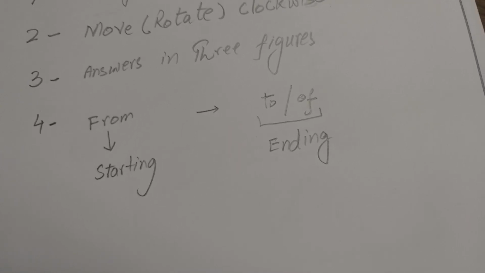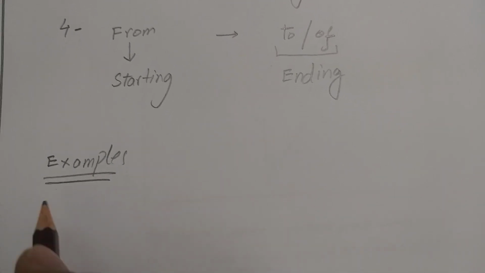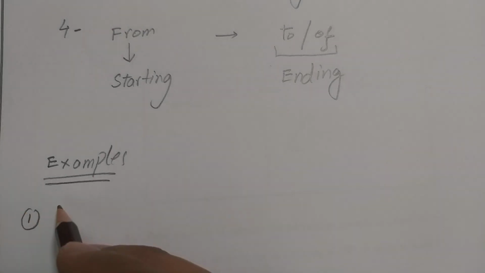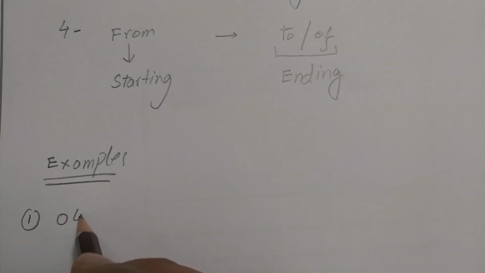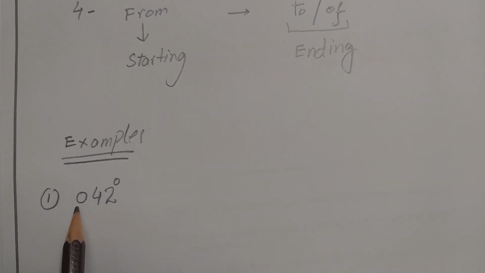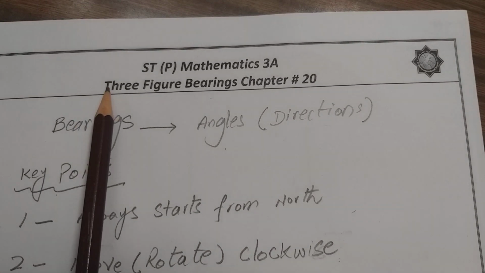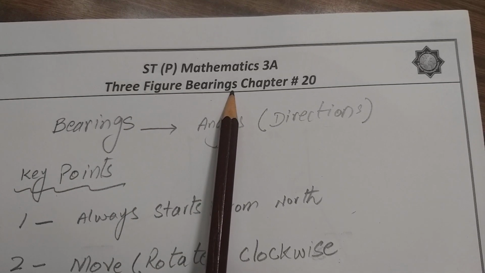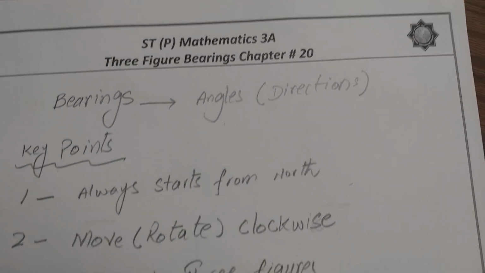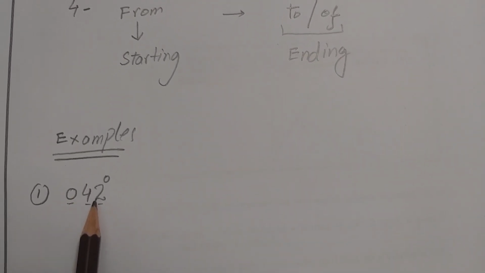Let's suppose you are given an angle, for example 42 degrees. If you observe, these are three figures, as at the beginning we had the title three figure bearings. It means the angles, whatever you write, should be in three figures for the bearing.